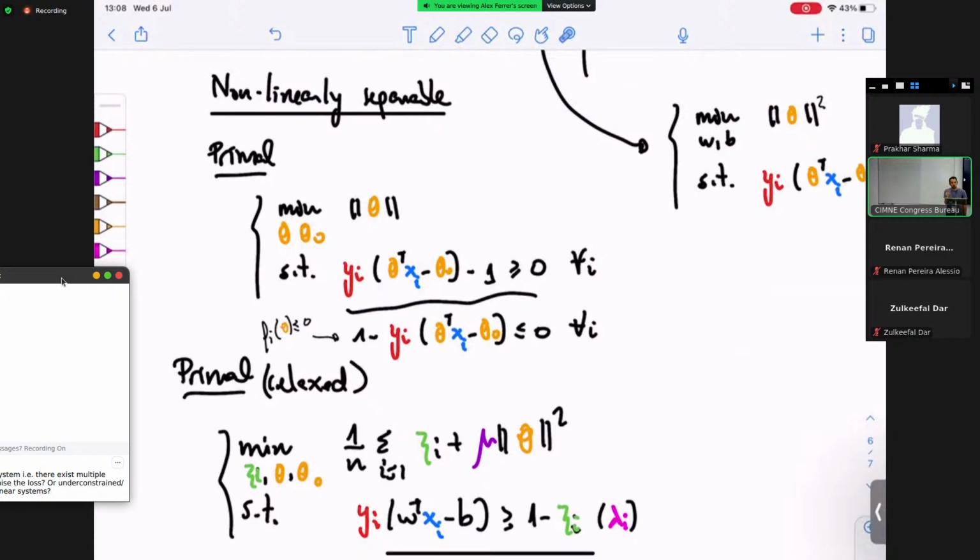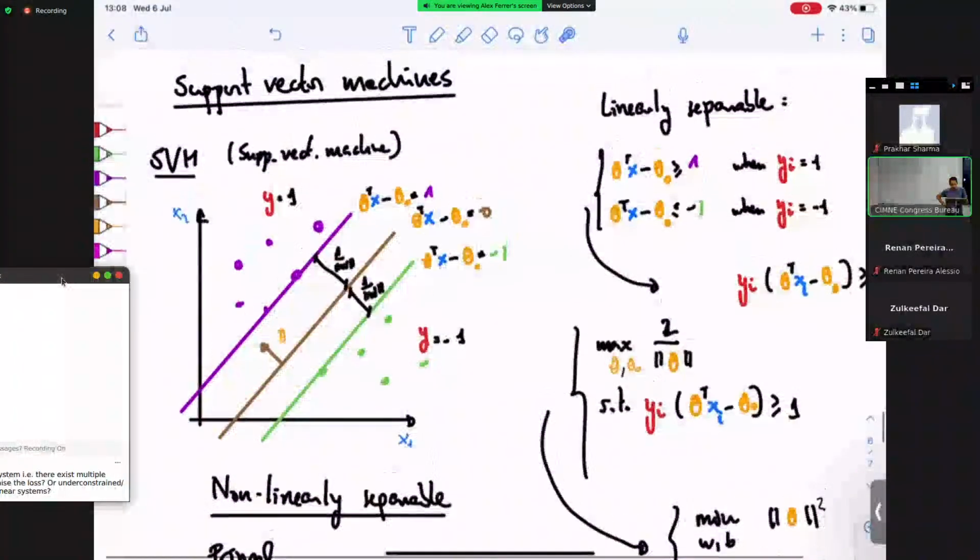But the thing is, it does not always happen that the problem is separable. You cannot always find theta such that all the points on the left are going to be larger than 1, and all the points on the right will be -1. Usually, you don't find this.